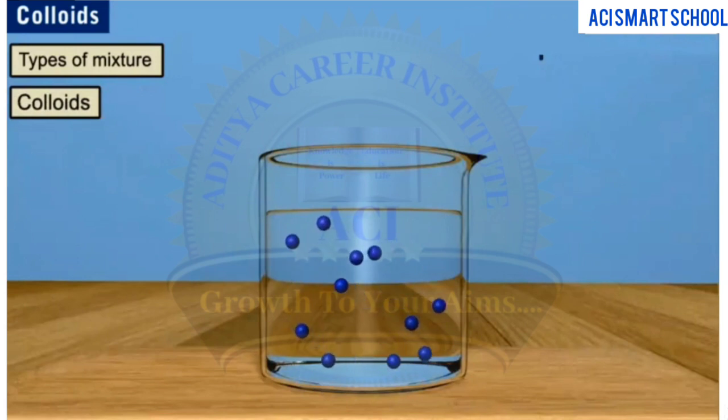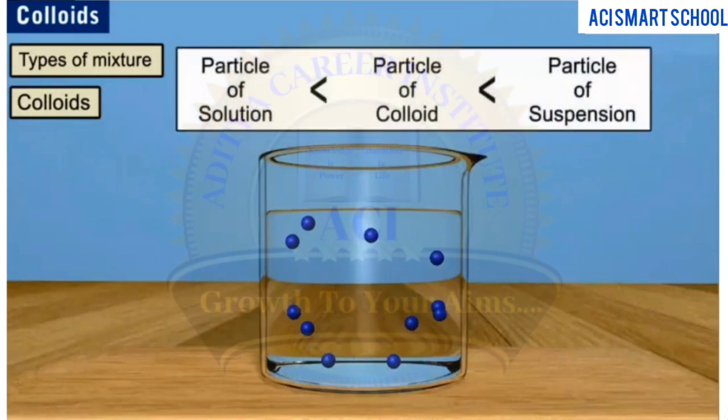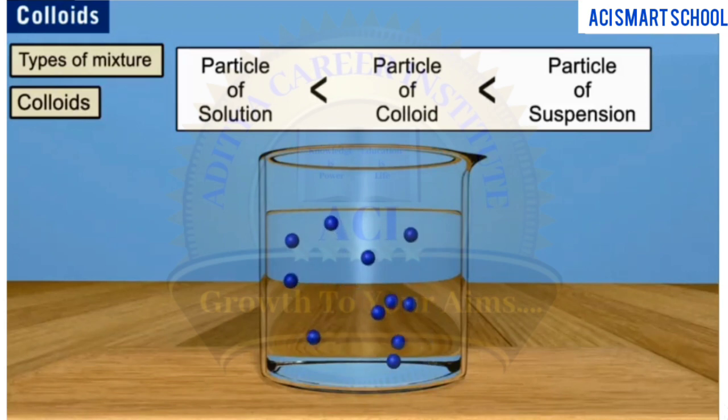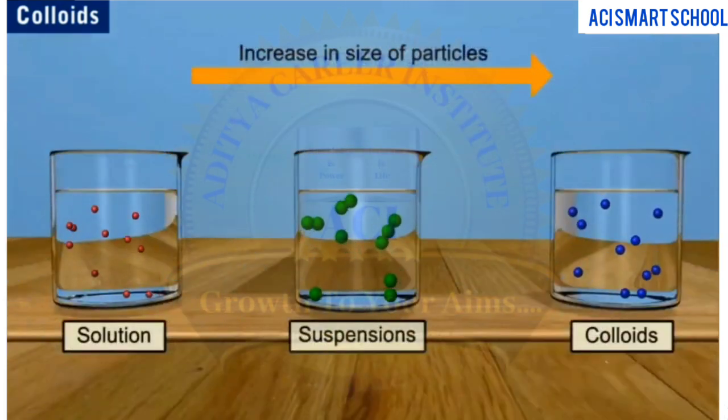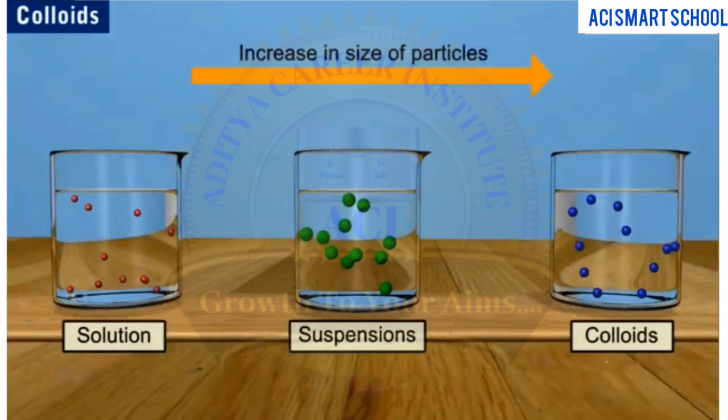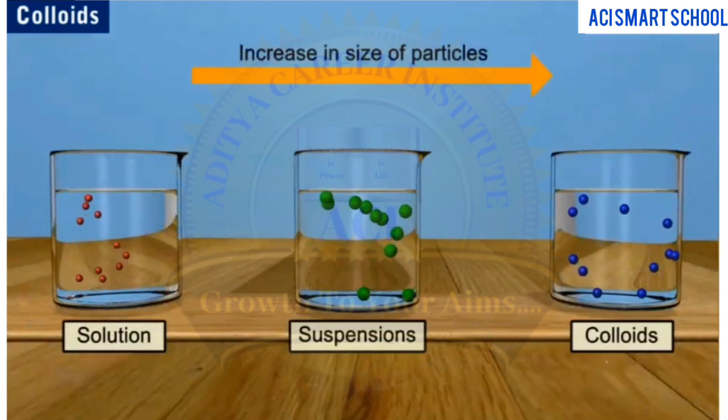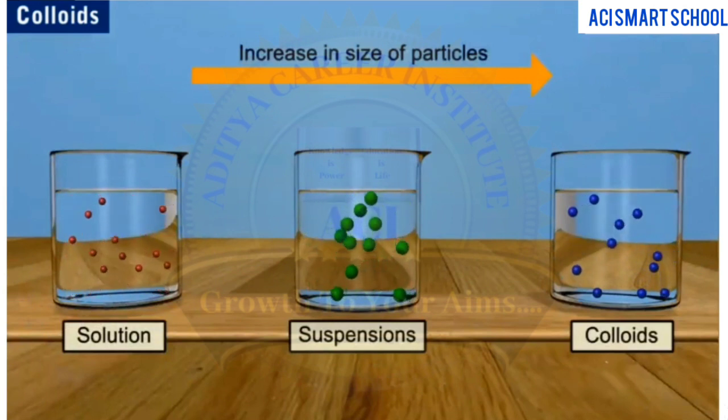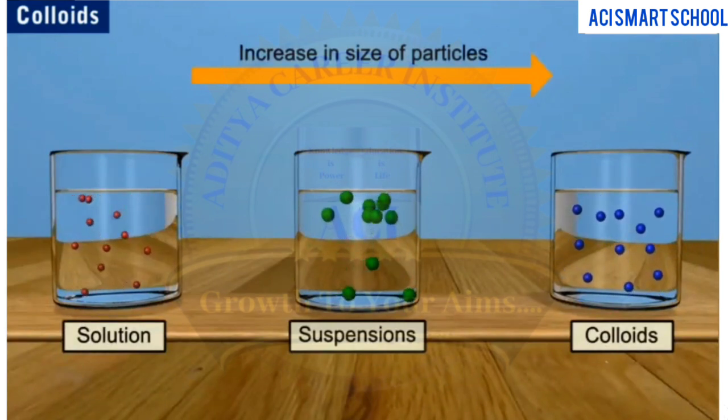Colloids are mixtures whose particles are larger than the particles of a solution but smaller than the particles of a suspension. The suspended particles in a colloid are small enough that they do not settle down due to gravity. Thus, colloid represents an important and a large group of systems intermediate between solutions and suspensions.